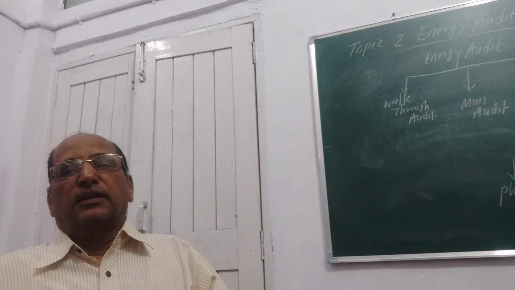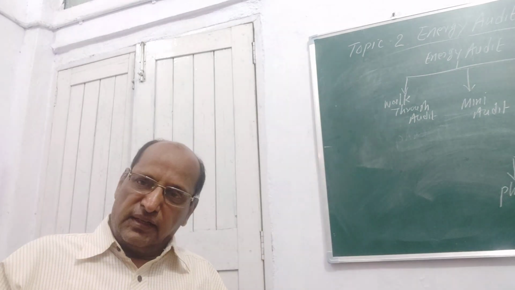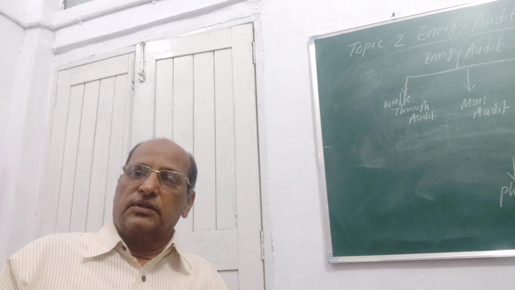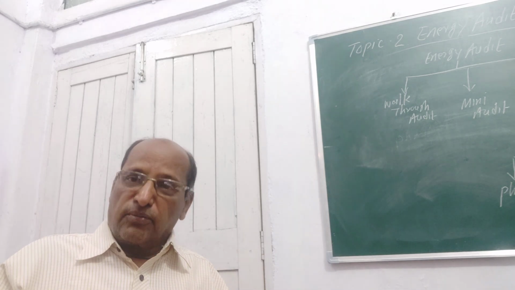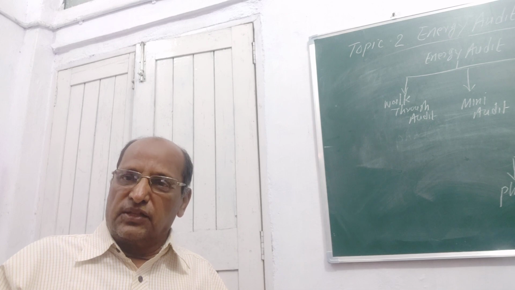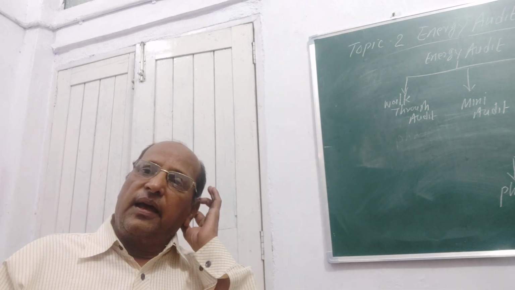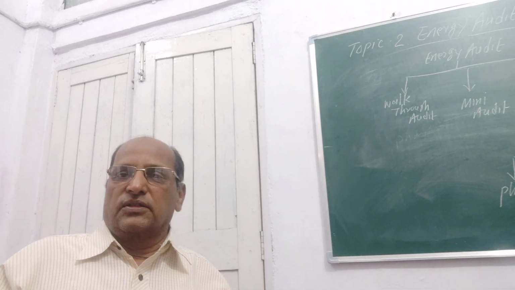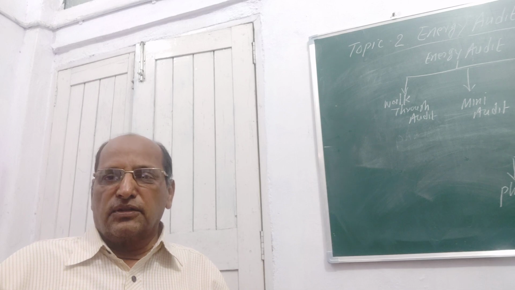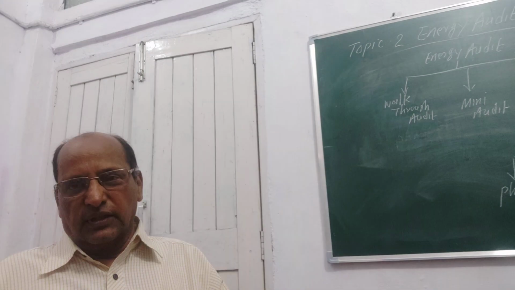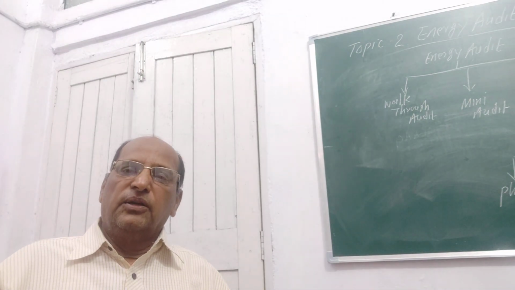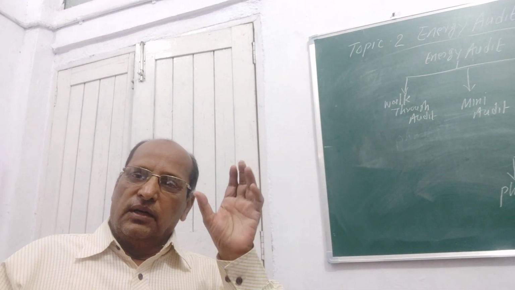Top management of the industry will definitely study the report recommended by you, and according to your recommendation as an energy auditor, they will apply the corrections in the system. Whatever corrections are to be applied, they are to be written in your final report, that is the post-audit phase, in which you give a chart.